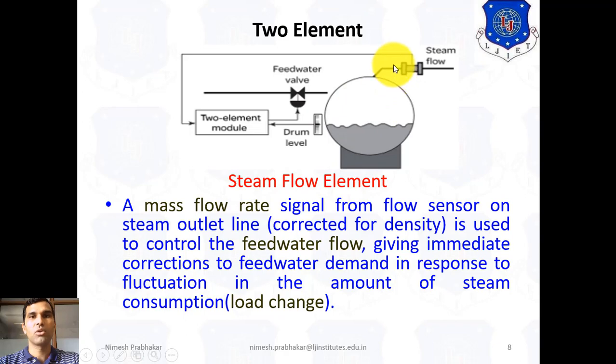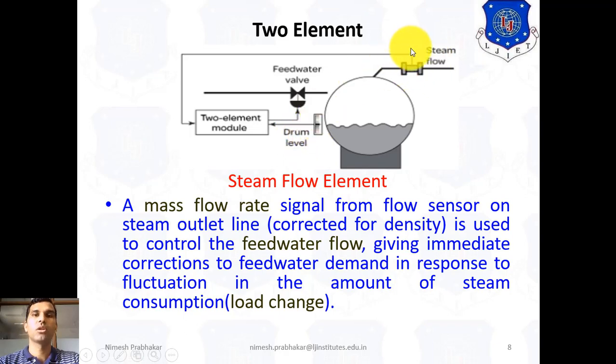So to control this, the module also controls the feed water valve. That means this system is known as a two element system because the first element is the drum level element and the second is the steam flow element.